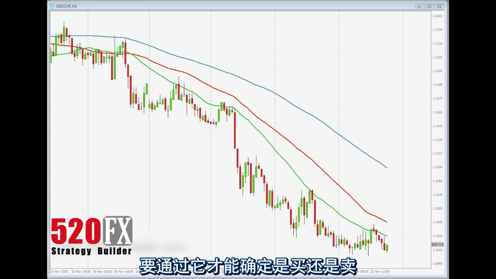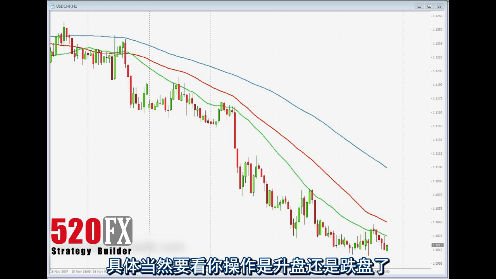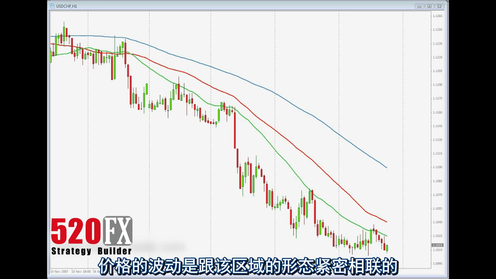It's an area where there are going to be loads of enormous limit orders, either sell or buy limit orders, depending on what side of the market you are, of course, depending on whether you are in an uptrend or in a downtrend, and you know that price is bound to react in some way to that area.